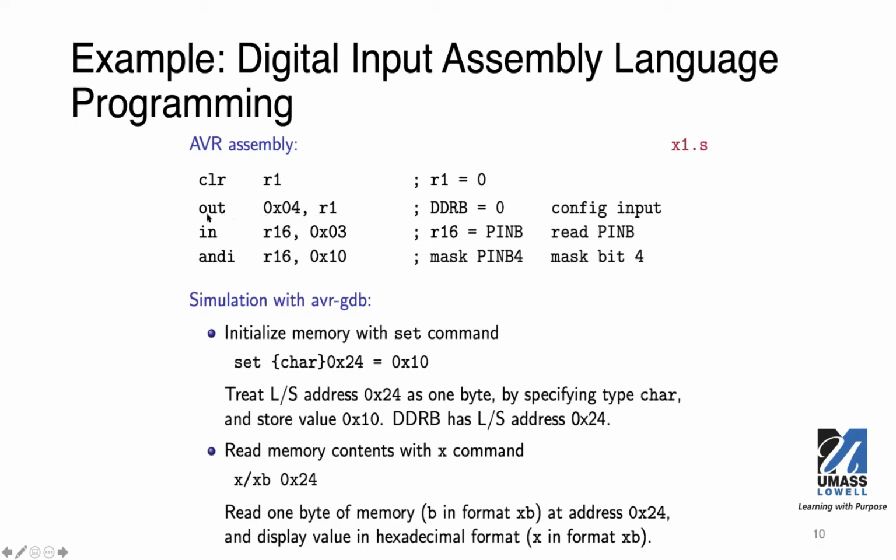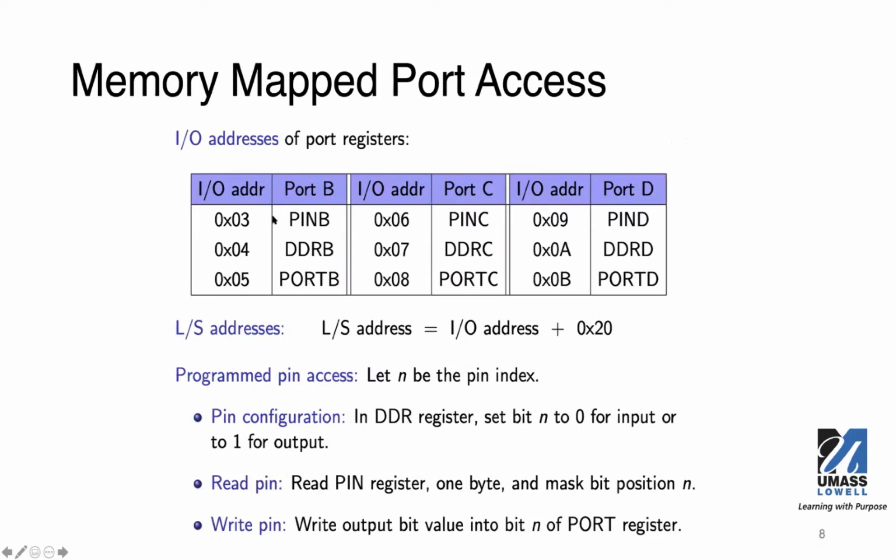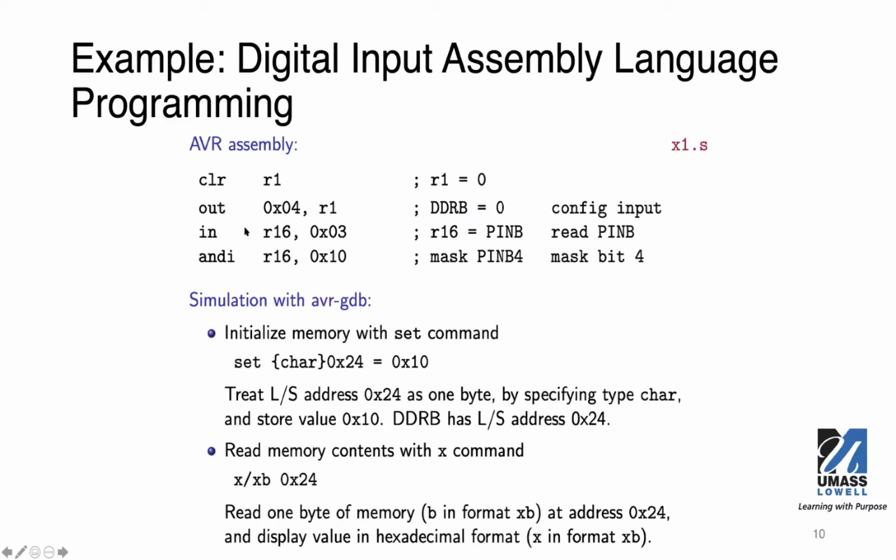Now we're using an out instruction. Out and in instructions are IO instructions. So when you use IO instructions, we use IO addresses. So let's go back quickly to see what is 04. When you have IO address 04, that refers to this register, DDR-B. So we're going to assign a value to this DDR-B, and the value is 0.